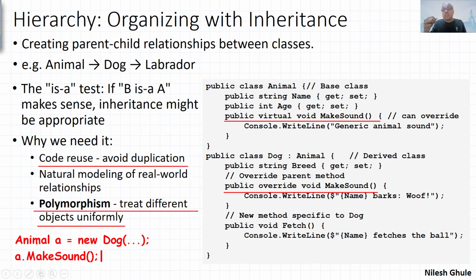Since the dog object is created and referred to, make sound will always call this particular dog class method. It will not call the animal class method. The method is always called depending on the type of object. That is nothing but simple polymorphism.